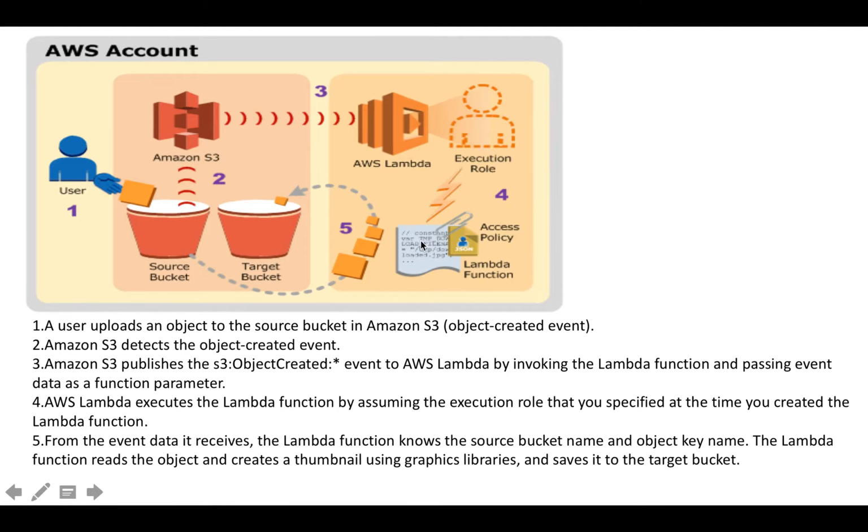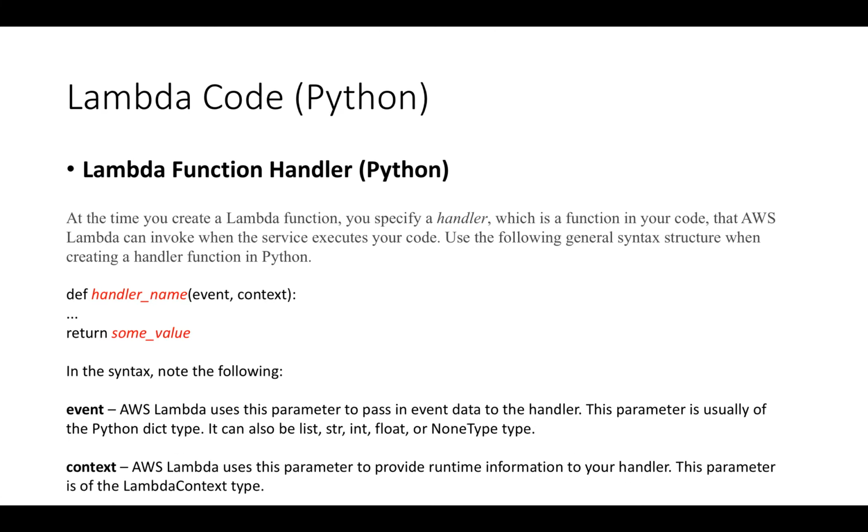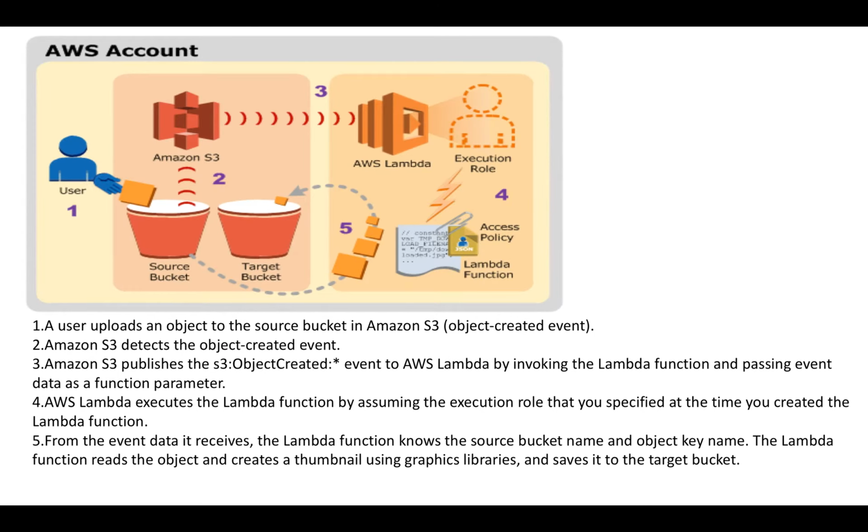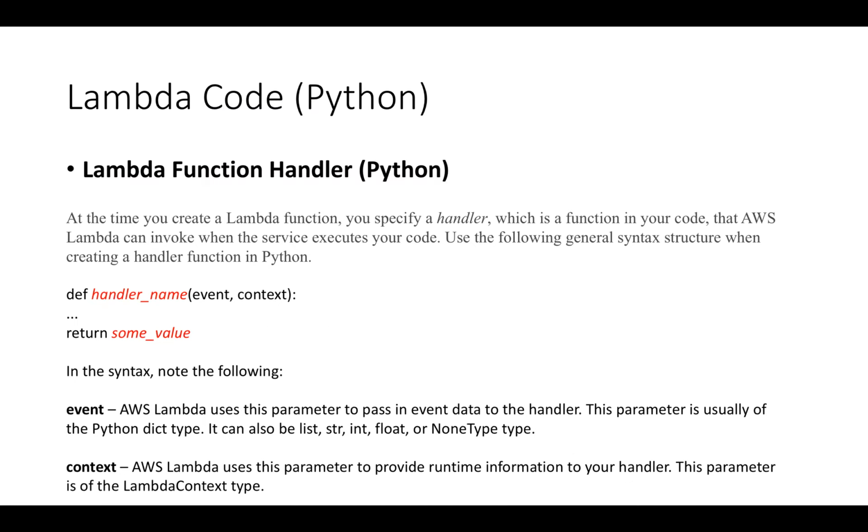Once everything passes, your code will be executed. In the code, I'm saying, hey, anytime a new object comes, copy the data from the source bucket to the target bucket. That will be executed. This is the one I will demonstrate after this slide deck. Okay, I'm pretty much done with the slide deck. Let's go to the actual scenario. Then we'll come back if anything is missing.